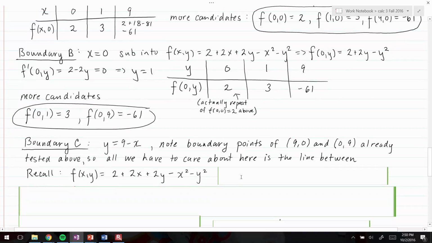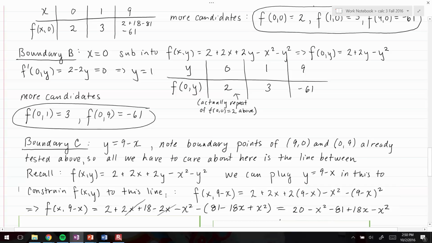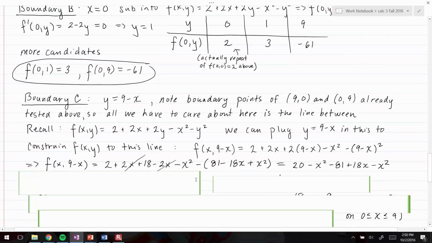Okay, so I described that we can just plug in 9 minus x for y in this f of x, y, and it's kind of complicated. You want to simplify, and I did that. We finally get negative 2x squared plus 18x minus 61.